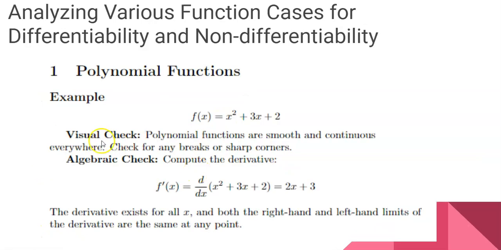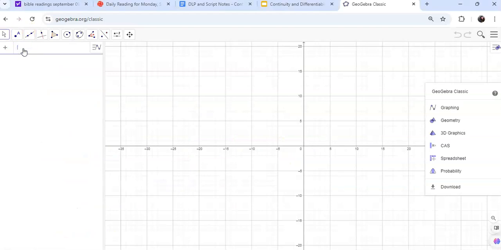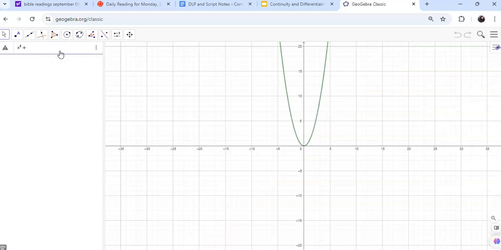Please observe, let's have a visual check. Again, we will be noticing that polynomial functions are smooth and continuous everywhere. Please check if there are any breaks or sharp corners. So we type here x squared plus 3x plus 2.